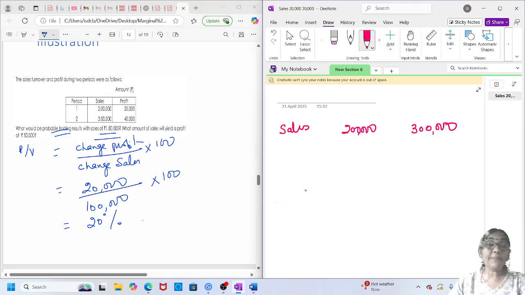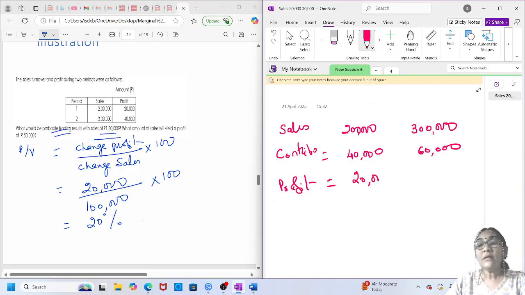PV ratio is 20%, right? So contribution will be 20% of this, which is 40,000, and 20% of this, which is 60,000. Now profit is given to us as 20,000 and 40,000.